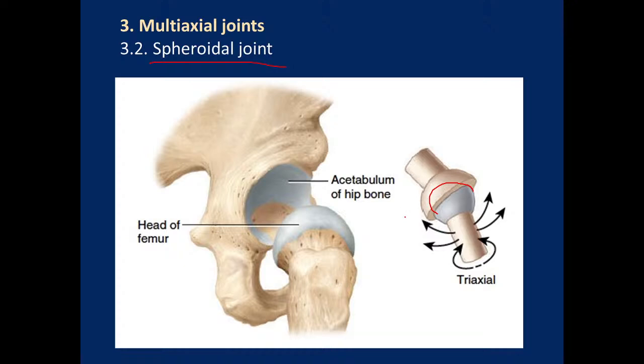Such spheroidal joints are triaxial or multi-axial, permitting movements around three axes: flexion, extension, adduction, abduction, circumduction, and rotation. Examples of ball and socket joints are the shoulder and hip joints. Here the hip joint is a typical spheroidal joint.